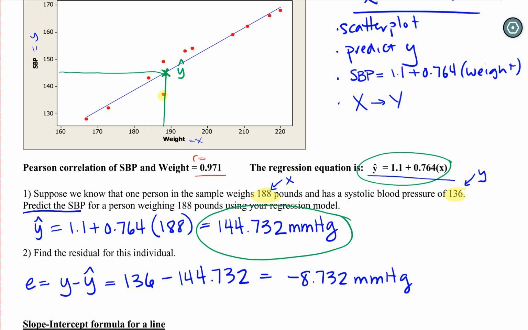That's our y hat versus our y, right? And we can even see our residual, this amount. We were off from this point to this point. That distance, that's our little e, our error, how far off we were. So all of these things are visible on our plot.